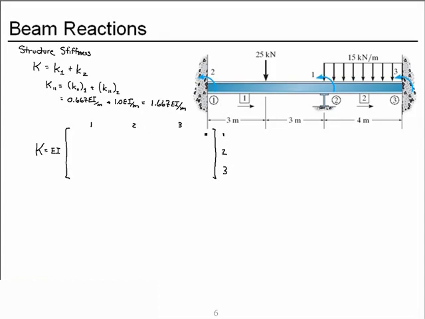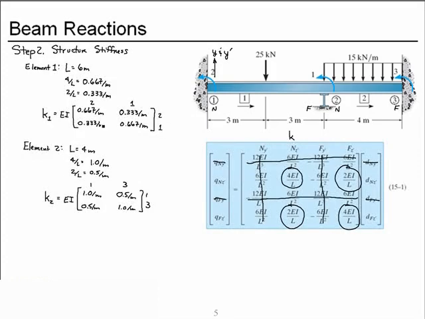So we said that the force generated at degree of freedom 1 due to deformation at degree of freedom 1 is this quantity. And we pulled the EI back out front. Then for coefficient 1, 2, we pull it from this matrix, row 1, column 2, 0.333.